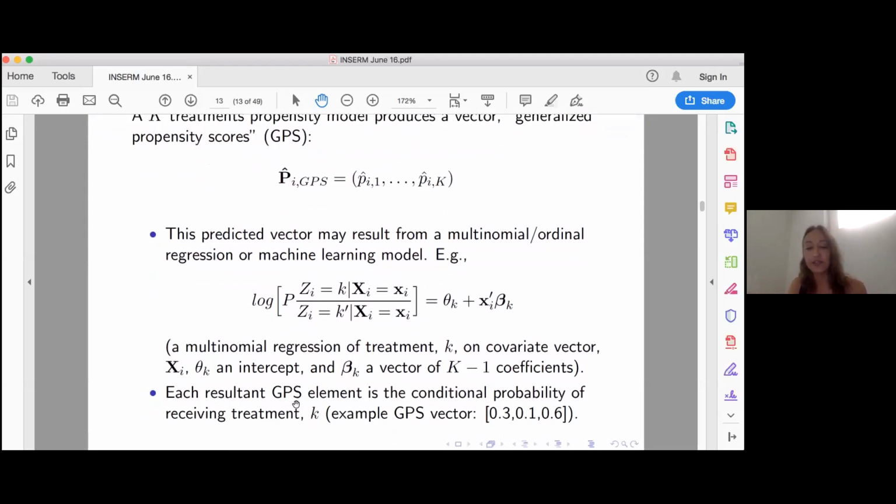So as I said, each resultant GPS element is the conditional probability, given confounders, of receiving treatment K. So an example vector: this person has a 30% probability of treatment 1, 10% probability of treatment 2, and a 60% probability of treatment 3 in my 3-treatment case. So I have information here, but it's not as simple information as that scalar p-hat.